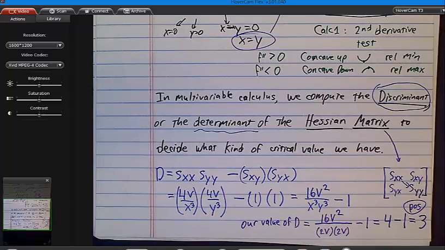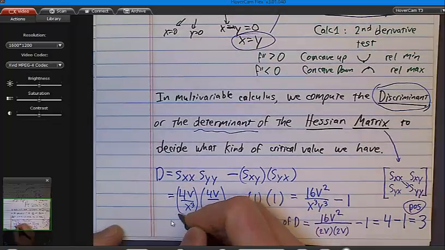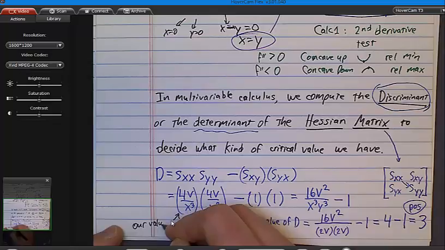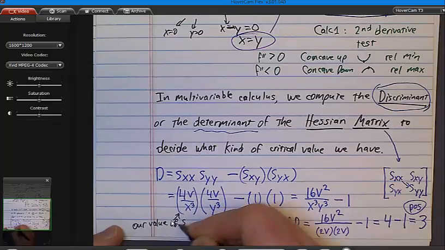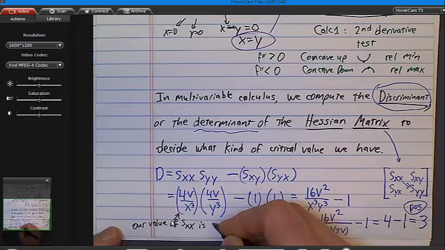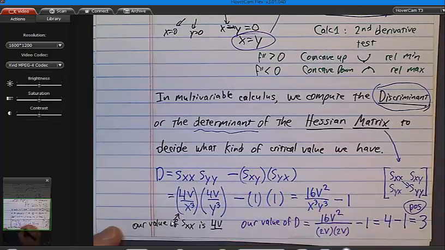What is fxx? Oh, it's not fxx, it's sxx, right? So I guess I could right here notice that our value of sxx is 4v over what?